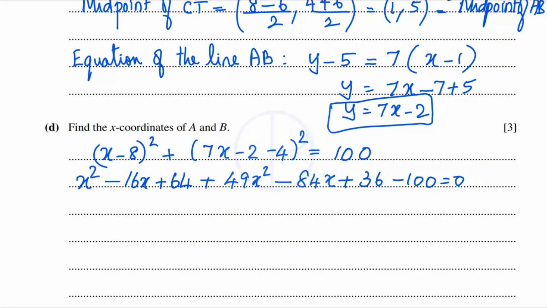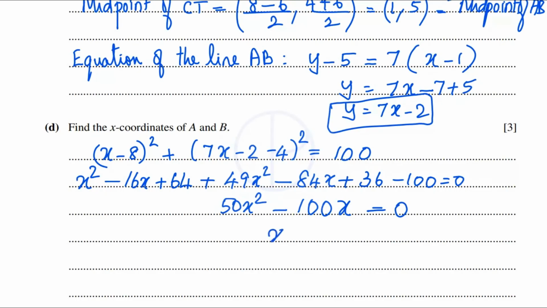So 49x squared plus x squared is 50x squared. Then let's combine the x terms: minus 16x minus 28x is minus 44x. Then 64 plus 4 minus 100 is minus 32.